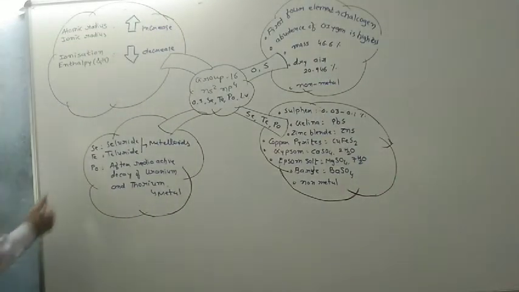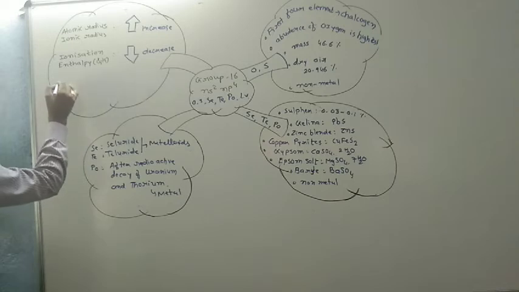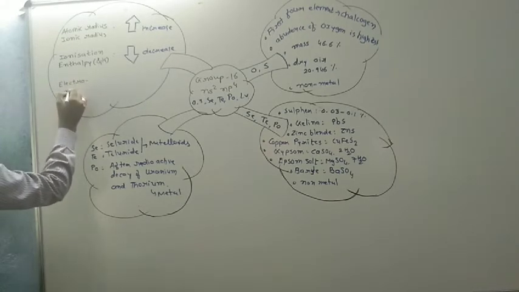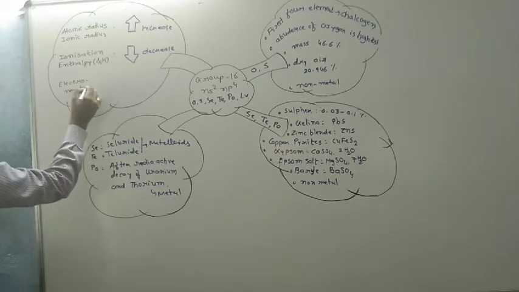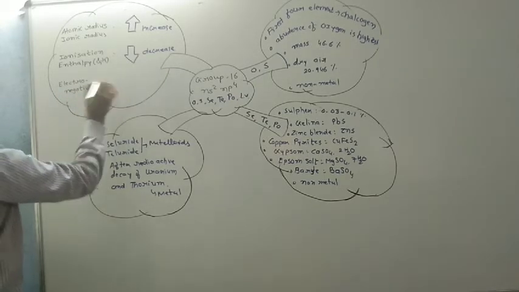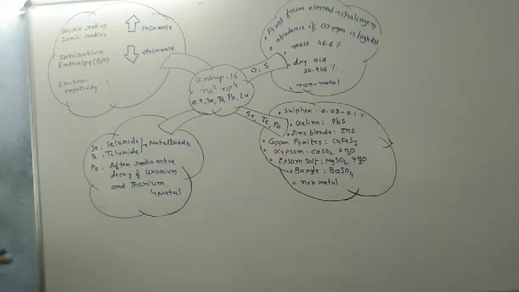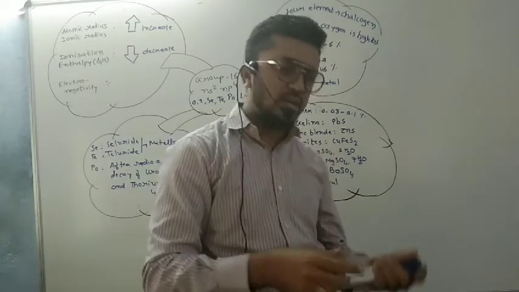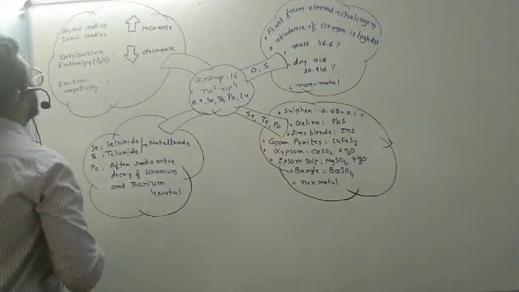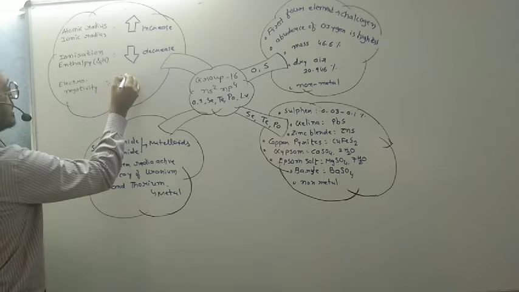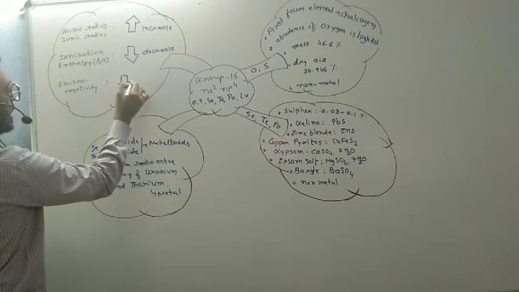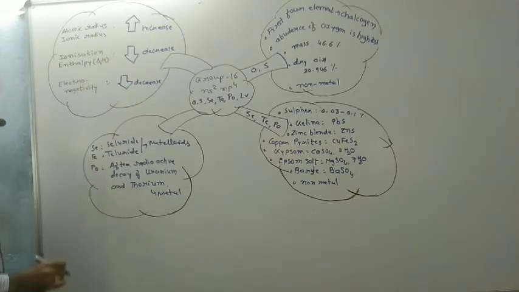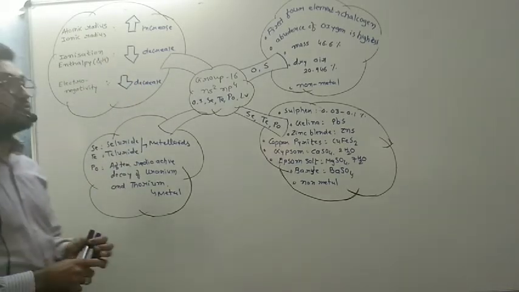And the third one, here if we show it differently, that is electronegativity. What is electronegativity? You know that the strength for gaining electron is known as electronegativity. And the electronegativity of group 16 will again decrease as atomic number increases. Electronegativity will decrease because oxygen and sulfur both are non-metal.